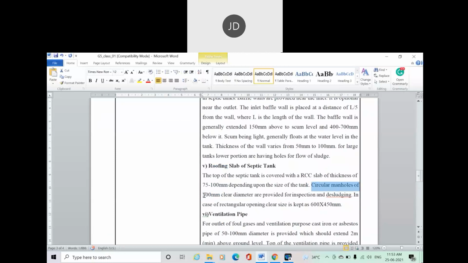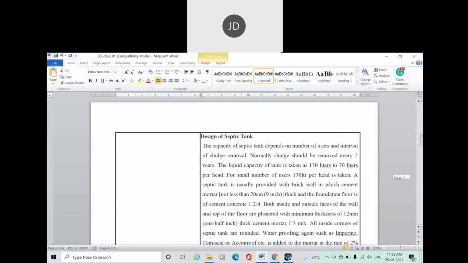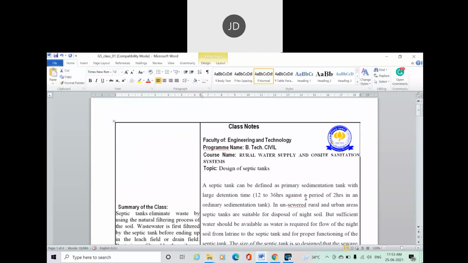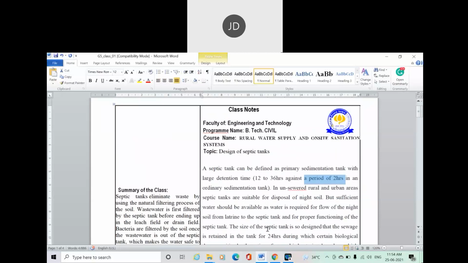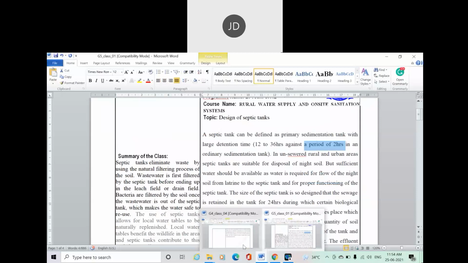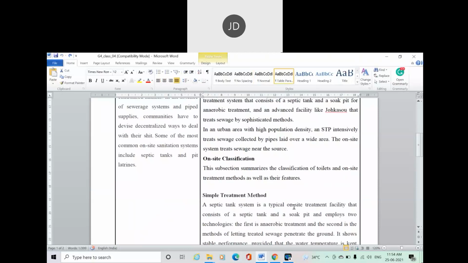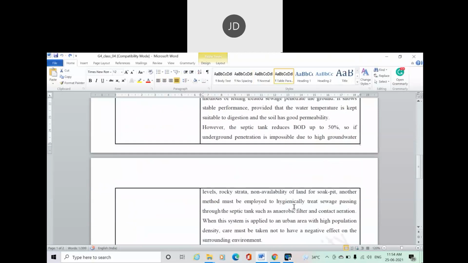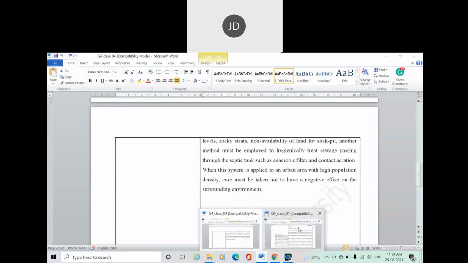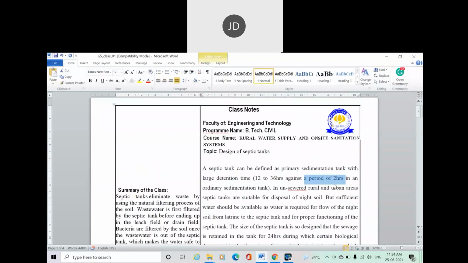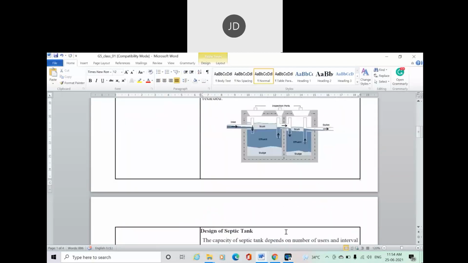A circular manhole of 500 millimeter, 50 centimeter clear diameter, is provided for inspection and desludging. I already told you that every after 2 years we can remove the sludge.